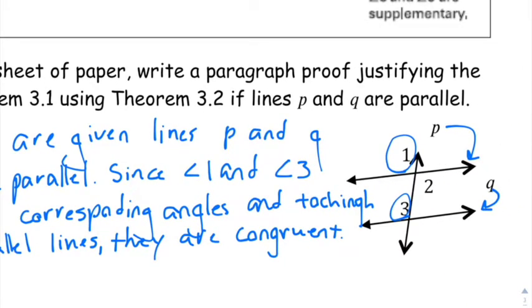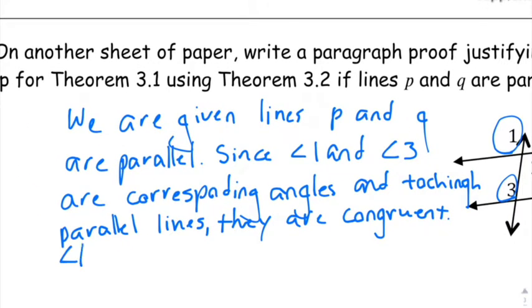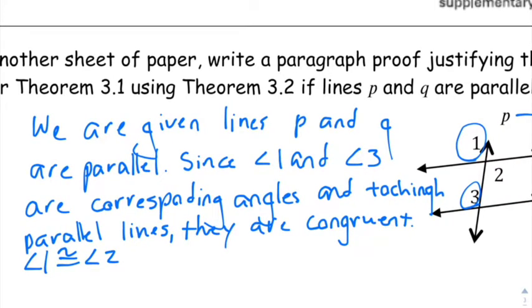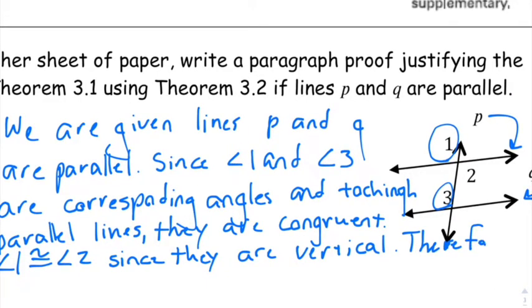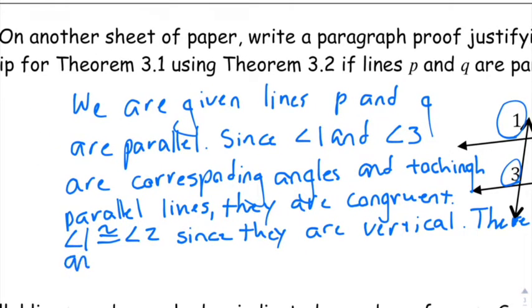So now we know angle 1 and 3 are congruent. Okay. Now we're going to say angle 1 is congruent to angle 2 since they are vertical. And then we can say, therefore, angle 1 is congruent to angle 3 by the transitive property.